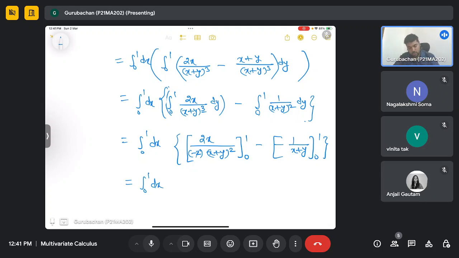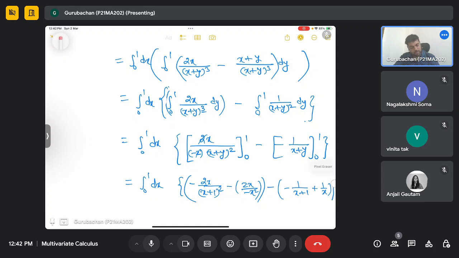So the 2 over 2 cancel out, and this will be minus 2x divided by (x plus 1) whole square. Minus minus will be plus. So at 0, this will be 2x by minus x square. And the other factor is minus 1 by (x plus 1), and at 0 it will be minus minus, plus 1 by x.